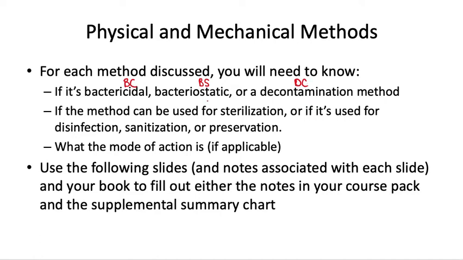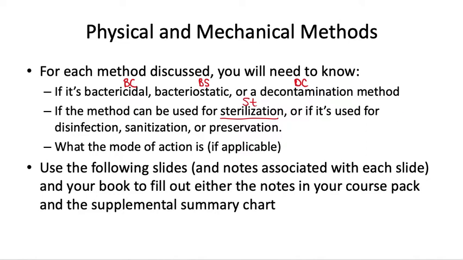If a method can be used to sterilize, we're going to say ST for sterilize. And of course, something that's a sterilant can be used to disinfect, like bleach. If it's more dilute, it'll disinfect rather than sterilize. But if something can be used to sterilize, then we'll say yes, ST for sterilization.